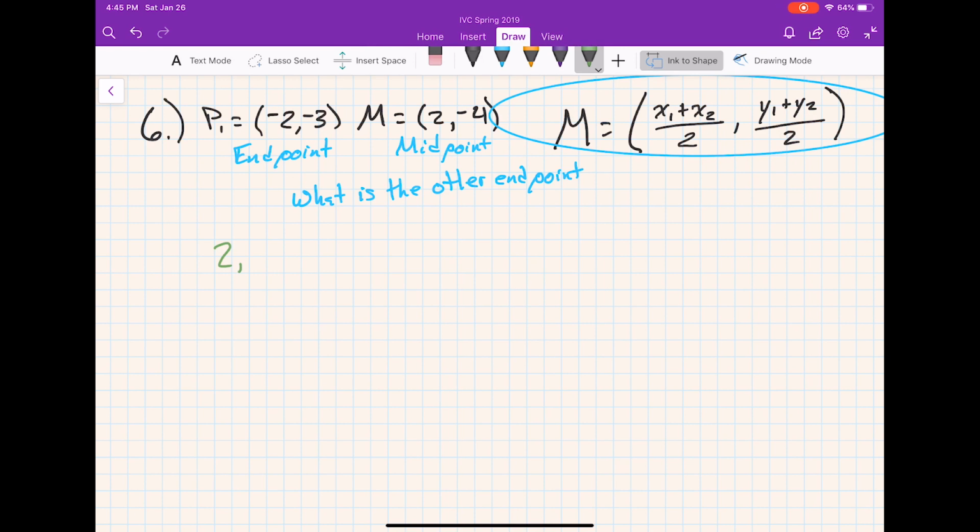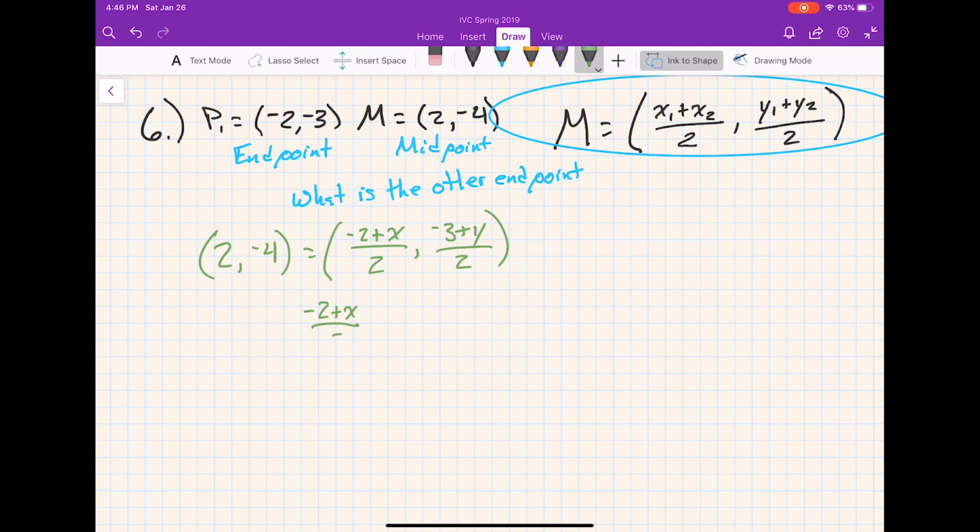So we've got 2, -4 as our midpoint, and that is equal to, and I'm going to just sub in our information into this. We've got -2 for an x, plus the second x, which we don't know, divided by 2. And then we're going to have -3 plus y over 2, because we don't know the second y coordinate.